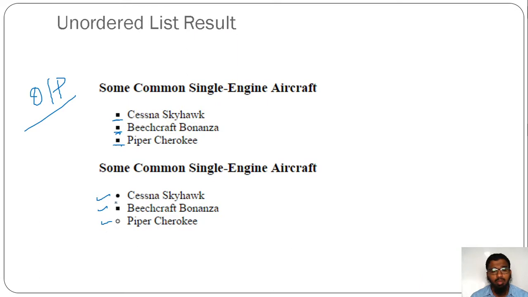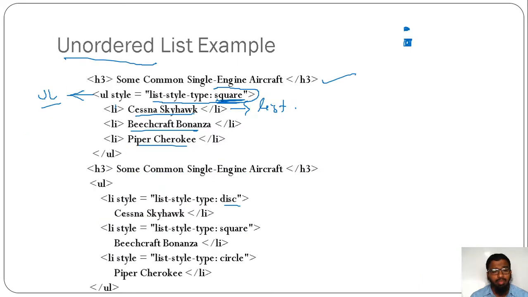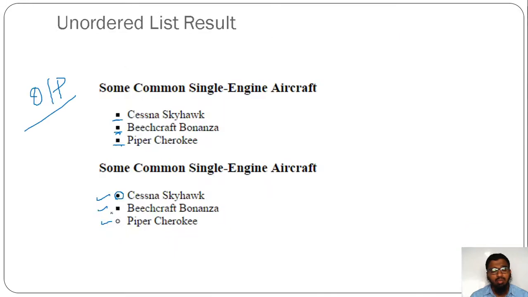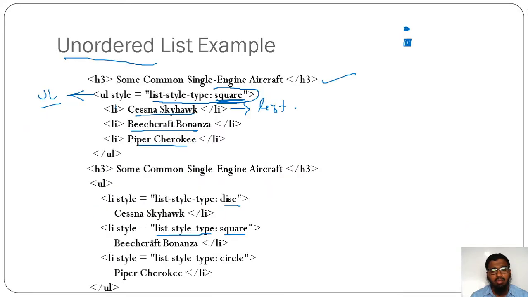Disk is the dark circle. Another LI style is list-style-type square. Next, list-style-type circle.